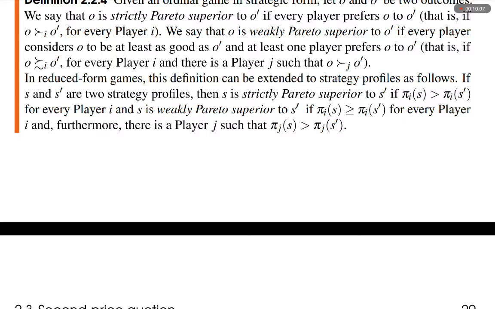In reduced form games, this definition can be extended to strategy profiles as follows.